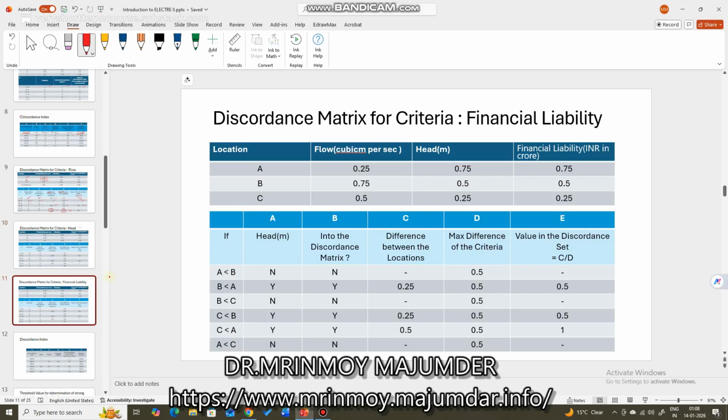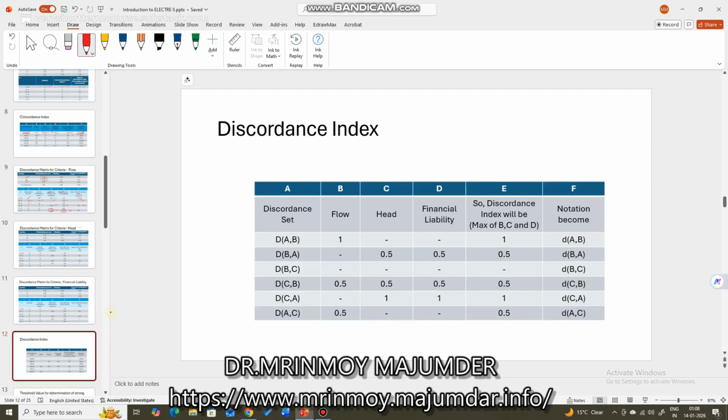So these are the main pressure areas. After you have done that, the discordance index matrix will be developed, and always remember the notation of the discordance set is capital D, and the notation becomes small d when it becomes the index. And this is how this index is prepared.